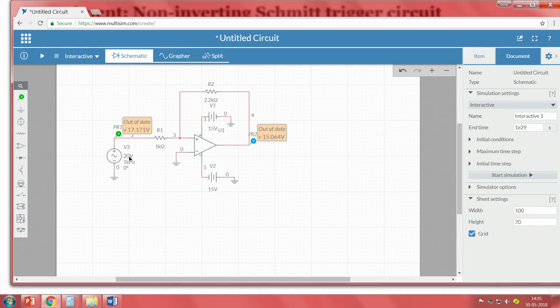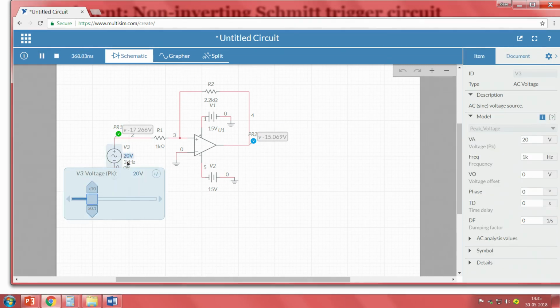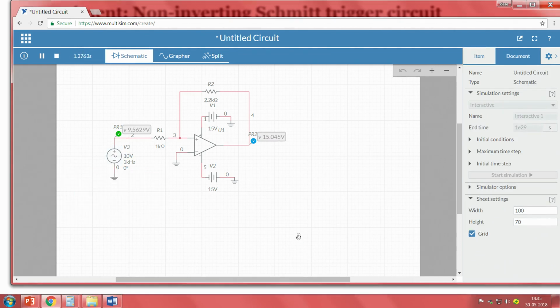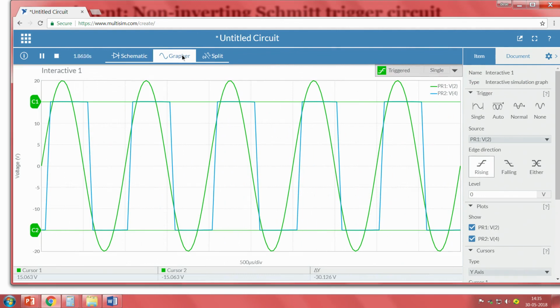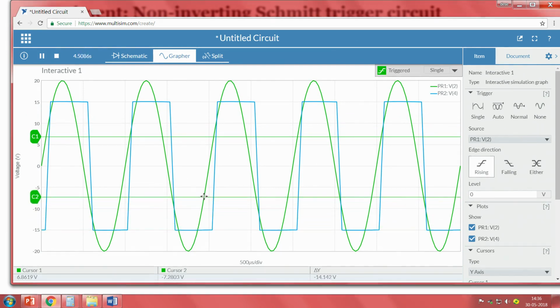Now, in this case, I run the system and change the input. We do not need this value, I will go with 10 volts, peak value is 10 volts, peak to peak is 20 volts. Going back to the grapher, yes, here we can see C1 should be 6.8 something. So, I will take 6.8, slowly decreasing it, 6.86, and C2 is minus 6.8, right.